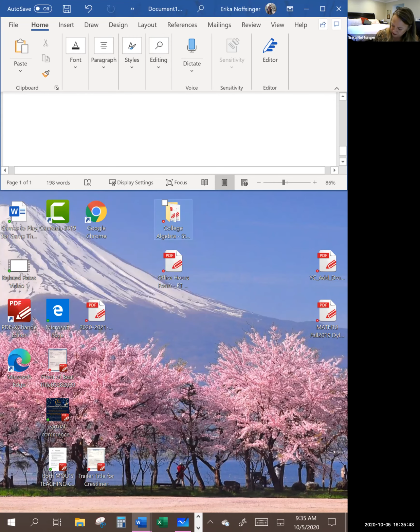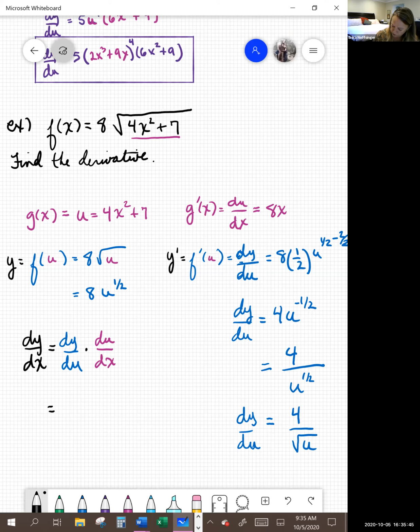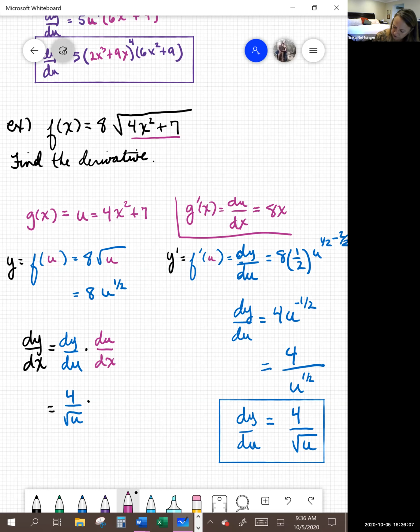So dy du is this, which is 4 all over the square root of u, all times du dx, which is right here, 8x.